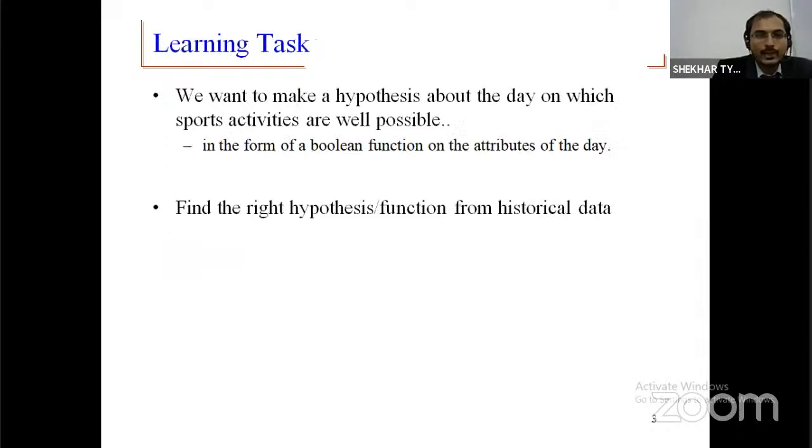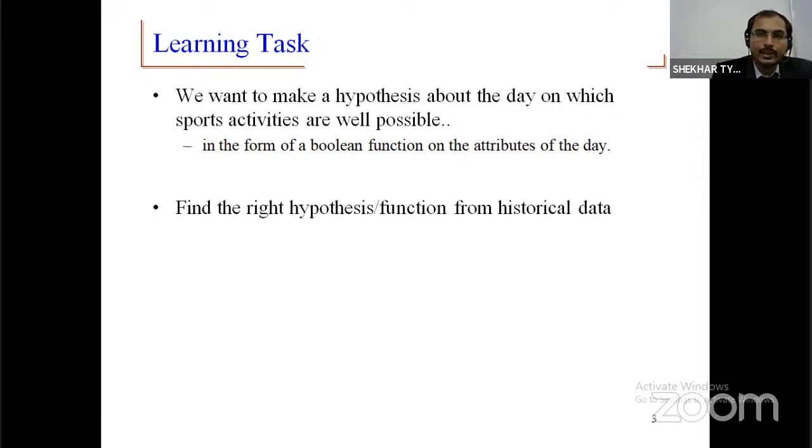Moving on to the next, we have what actually a task is, and a particular task is signified by a learning task, where a hypothesis judges a particular set based on negative and positive training examples. What we want is to make a hypothesis about the day.